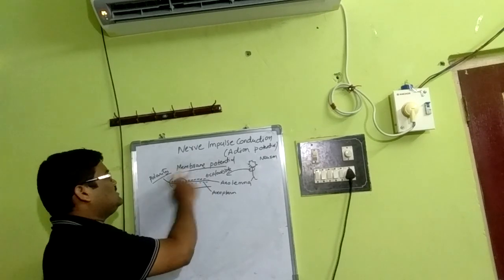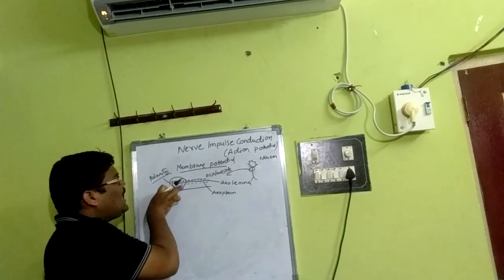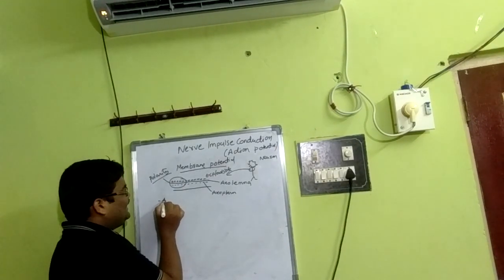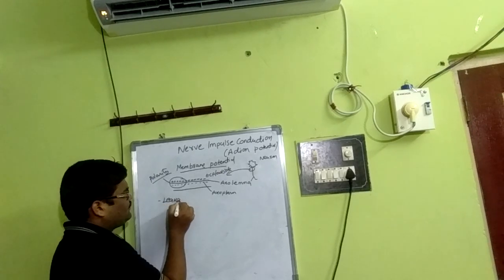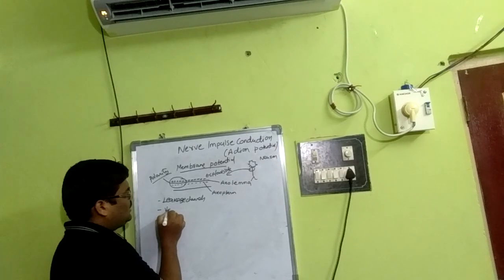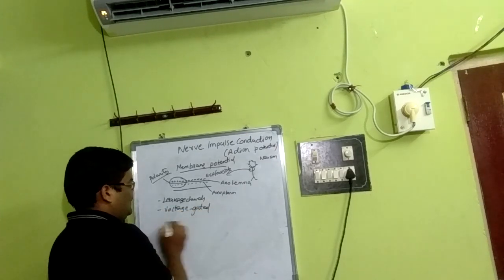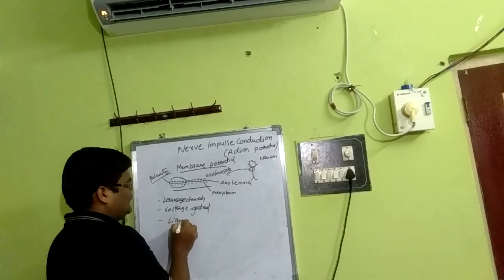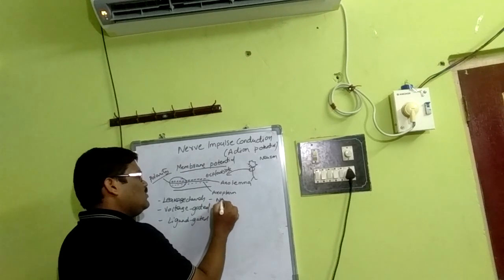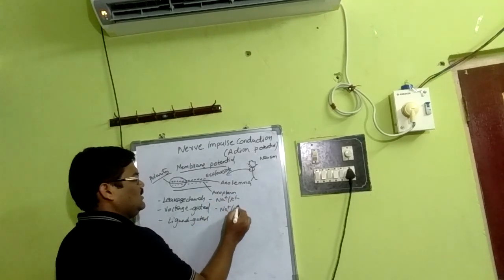Okay, first these two are over, and how they maintain, that means how they maintain the negative inside and positive outside. There are three issues: leakage channels, voltage gated channels, then ligand gated channels. Leakage means sodium and potassium. Voltage are the same, sodium and potassium.